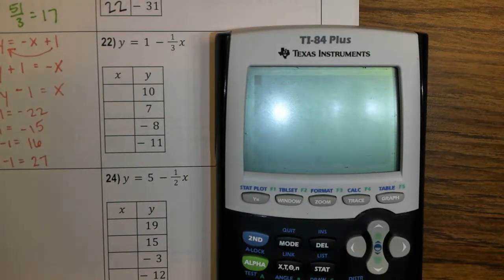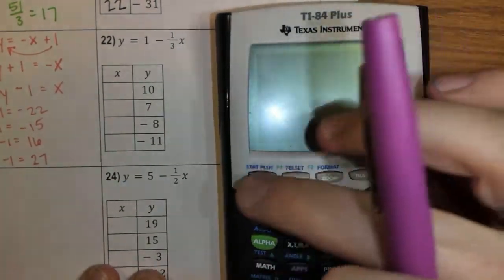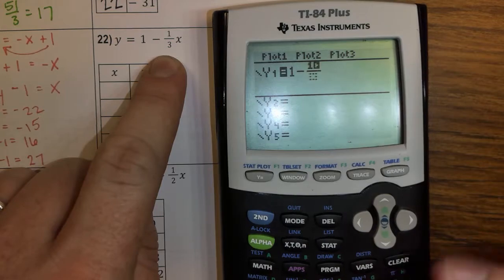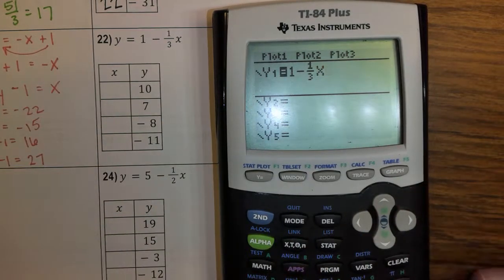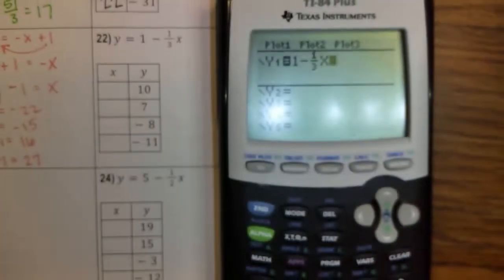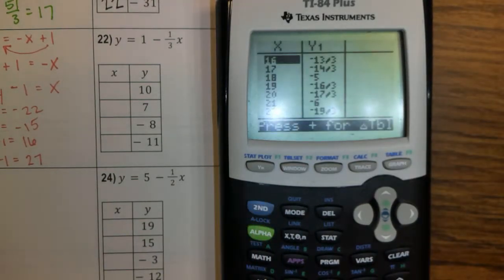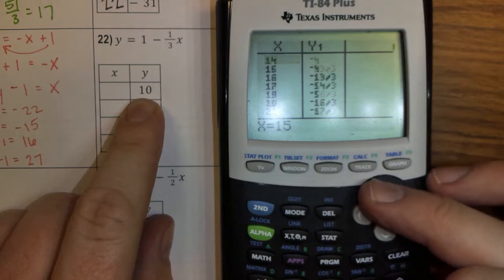Okay, this one is all calculator. Let's hope that it doesn't take too long to find these. So I'm going to type this in. 1 minus 1 over 3x. All right. Okay, it looks the same, so I do second graph. And now I need to find, I'm going to start with 10.